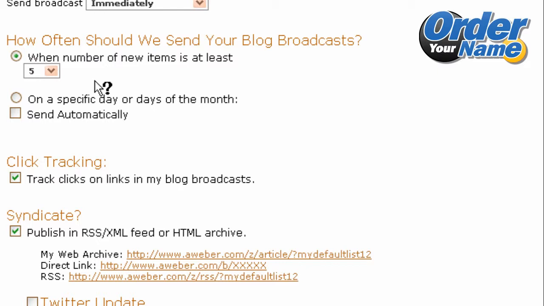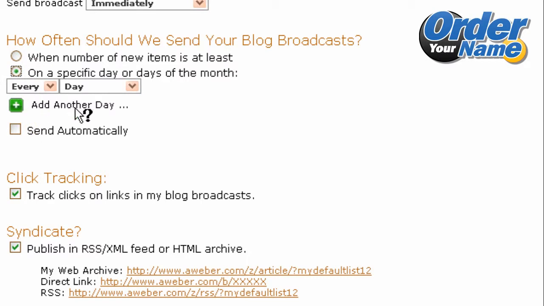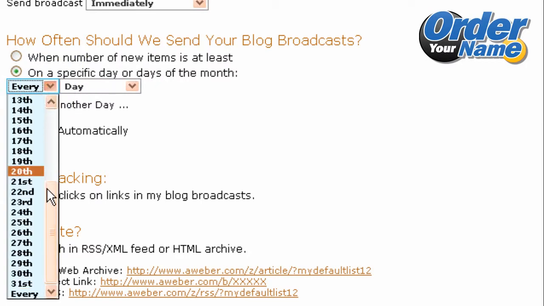Now, if you want an email to be sent out automatically once you have published 5 new blog posts, then you can just select this option here. But if you want to wait till a particular day of the month, then you choose this option on a specific day and select what date.